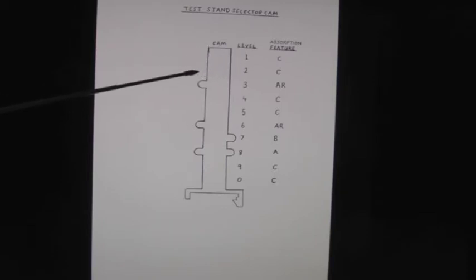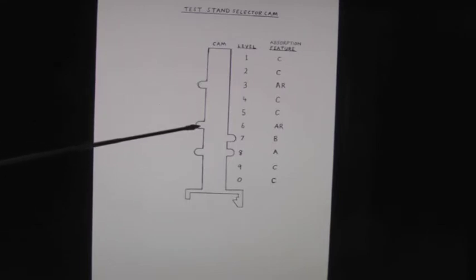So those particular levels will always cut in and rotary hunt. Notice that level 3 and level 6 are set up for absorb repeatedly because they have the left tooth installed. No tooth on the right side, just the left side.